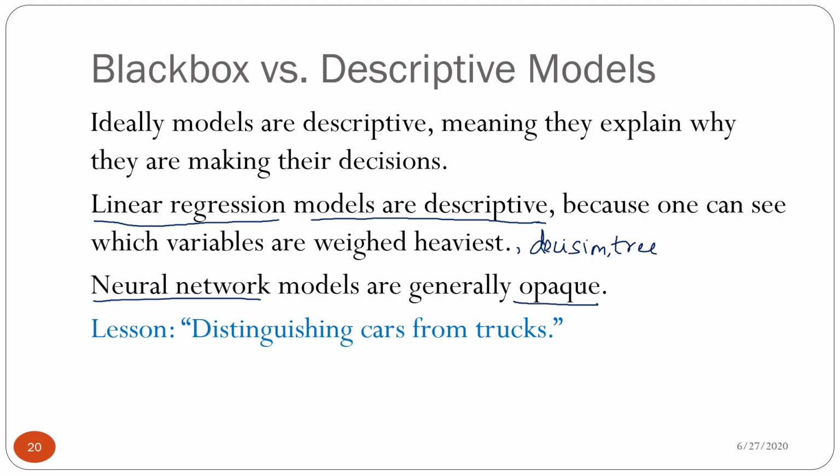I think it was a neural network based model, and the reason why this model did badly, which was not explained by the model, was that when the pictures were taken for training, the pictures of the cars were taken on a sunny day, whereas the pictures of the trucks were taken on a cloudy day. Because of that, the model learned the background as well. So it kind of associated the sky condition with the object that it was supposed to distinguish.